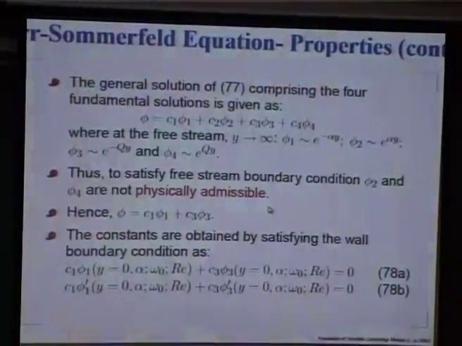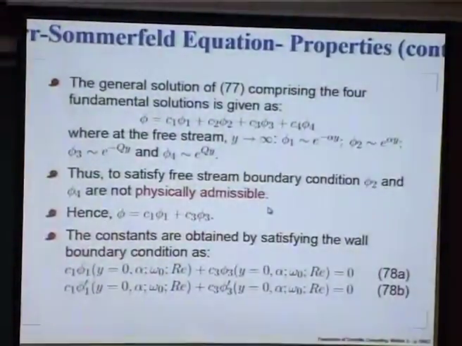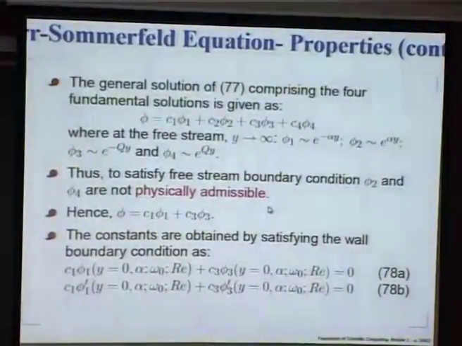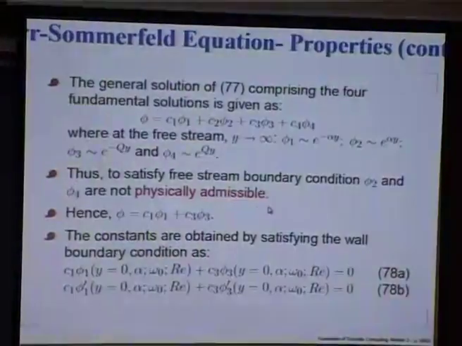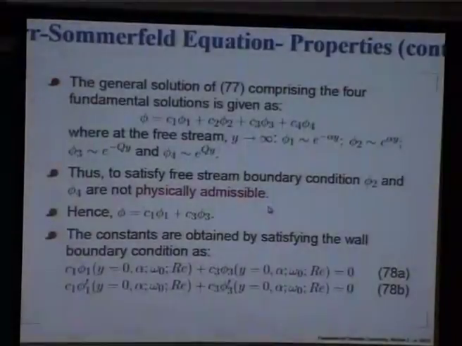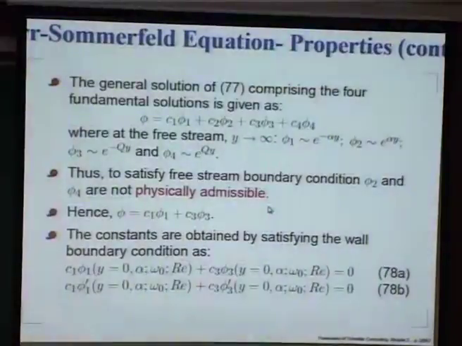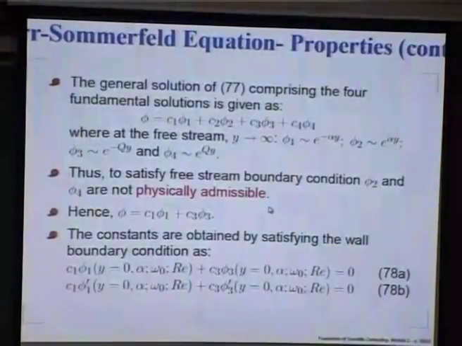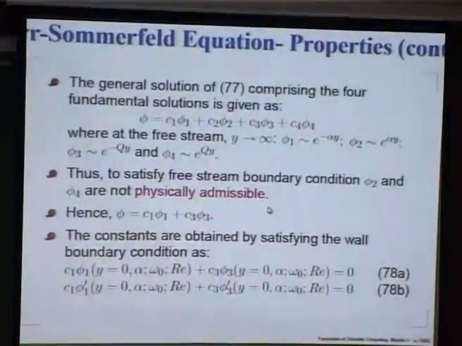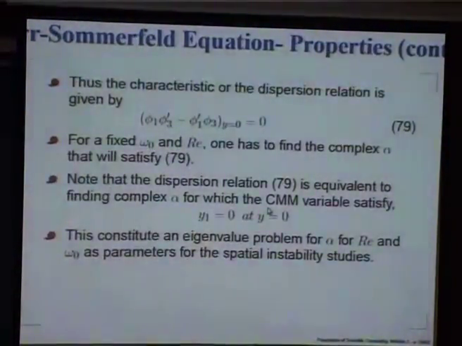But how do we get the characteristic equation? We are looking for those combinations of complex alpha for which the determinant of the matrix formed by phi 1, phi 3, phi 1 prime and phi 3 prime gives you a 0. So that C1 and C3, with a right hand side vector of 0, would be non-trivial. If I take the inverse of that matrix, that gives you a determinant in the denominator.